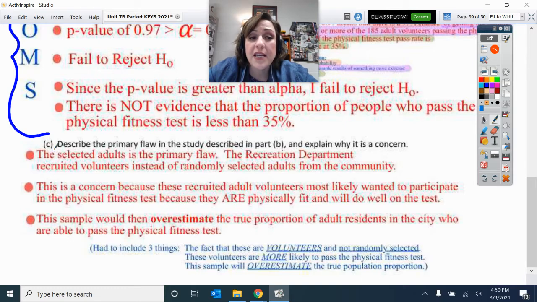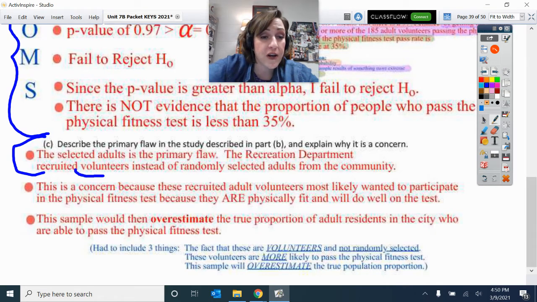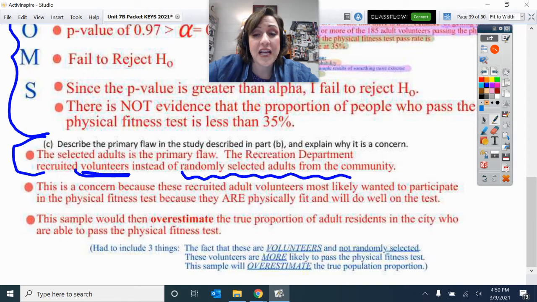Okay, so describe a primary flaw in the study described in Part B and explain why it is a concern. You have to have 3 things to get full credit. Number 1, the primary flaw is that the recreation department recruited volunteers instead of randomly selected adults from the community.